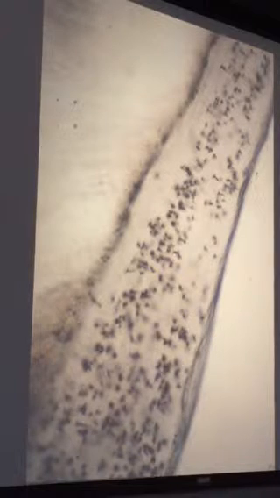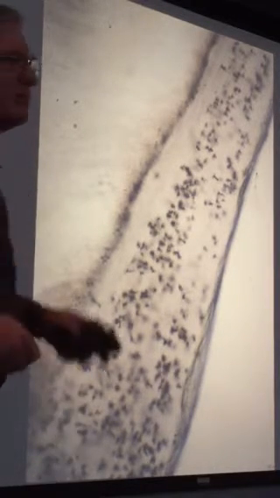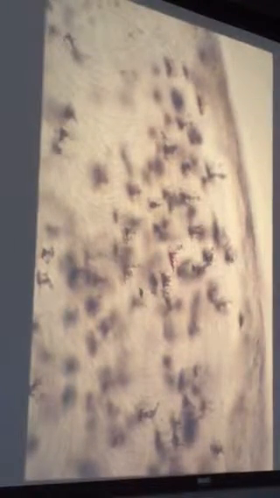How about this? Cellular cementum. And what are these black spots? Cementocytes. Oh, those are lacunae. Cementocytes are all dried up, you can't see them. So these are lacunae, and we have canaliculi coming off, going towards the PDL. If you want to see a cementocyte, we can go back a couple of slides here.